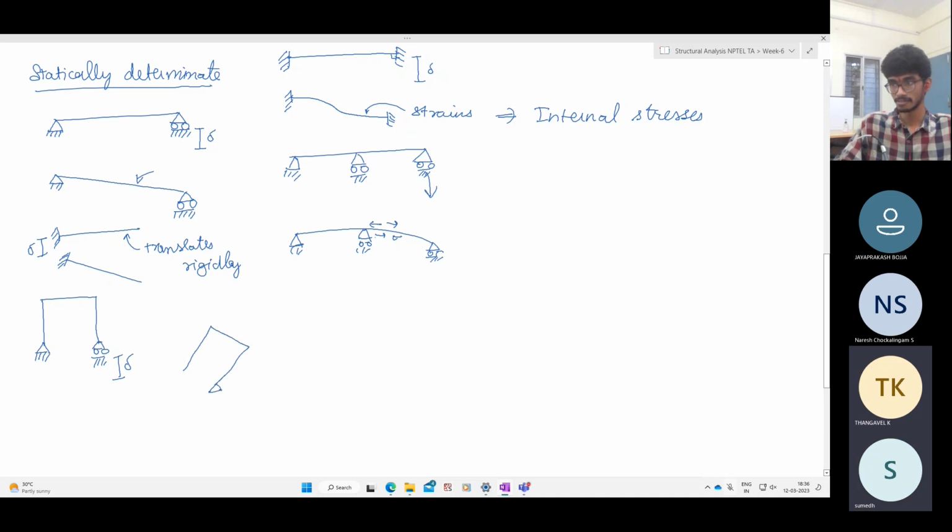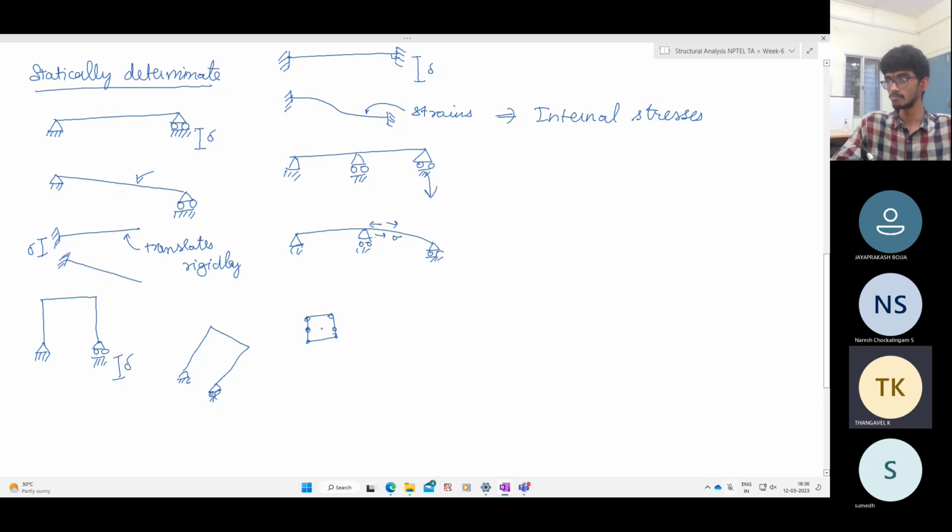So what I understood is that the rotation of the rigid body does not induce any strains. Am I right? Yes, rigid rotation. When do strains happen? If you take a small section of the material, it will have some points.